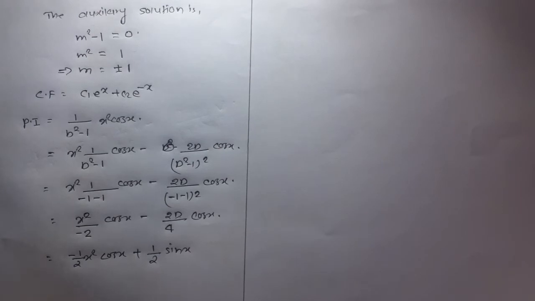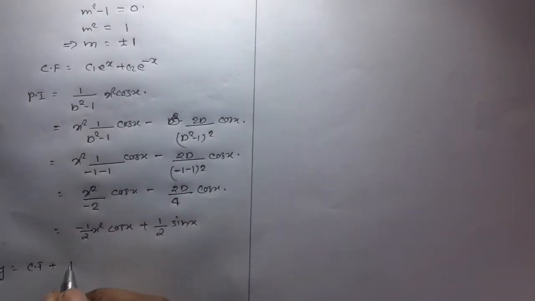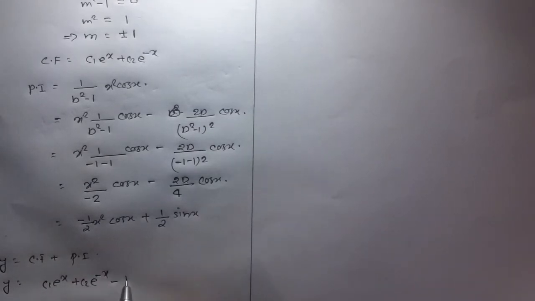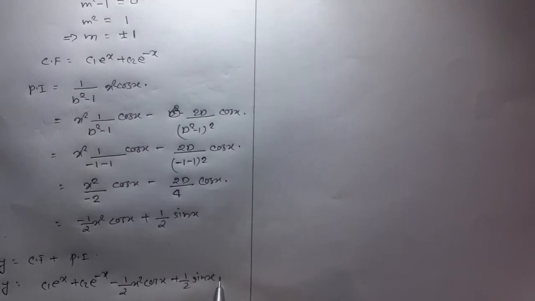So our general solution is y = CF + PI. So y = c1 eˣ + c2 e^(−x) − 1/2 x² cos x + 1/2 sin x.